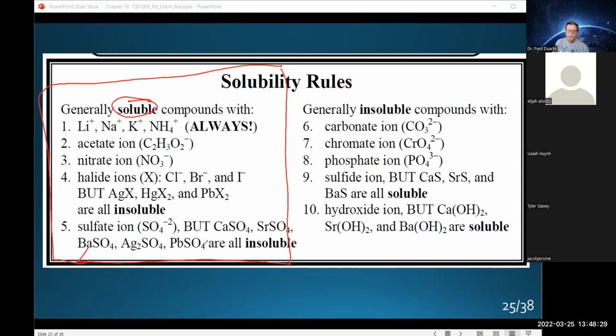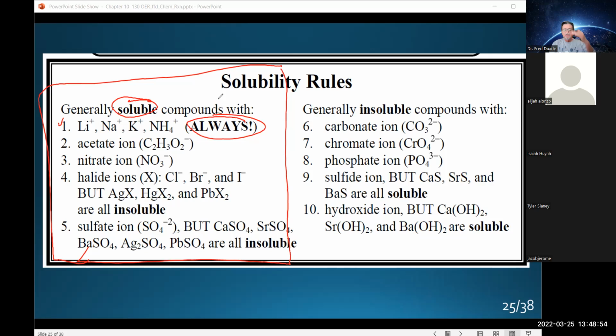All right, with respect to the soluble column, number one, if you have these four cations, lithium ion, sodium ion, potassium ion, and ammonium ion, whatever anion it's combined with, it is soluble, always 100% of the time.